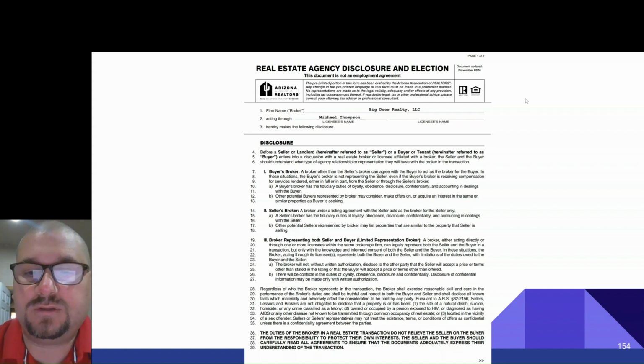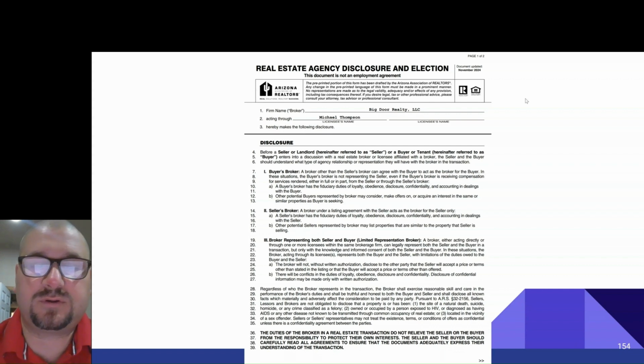Or 3. Located in the vicinity of a sex offender. Sellers or sellers' representatives may not treat the existing terms or conditions of offers as confidential unless there is a confidentiality agreement between the parties.